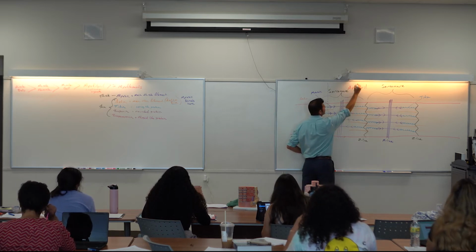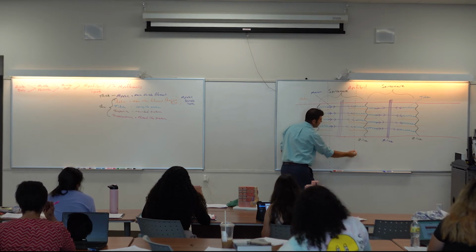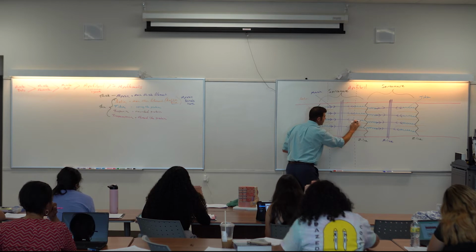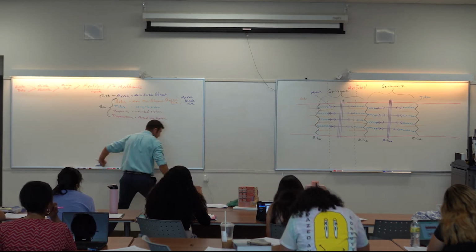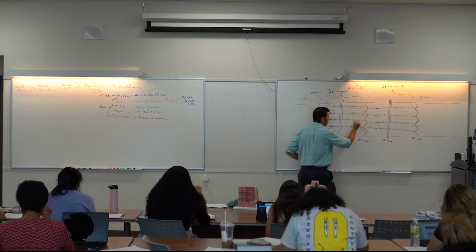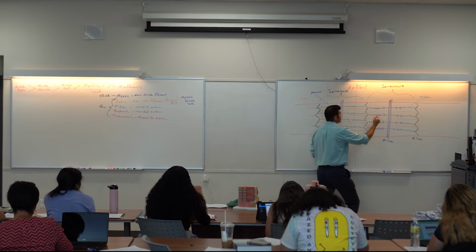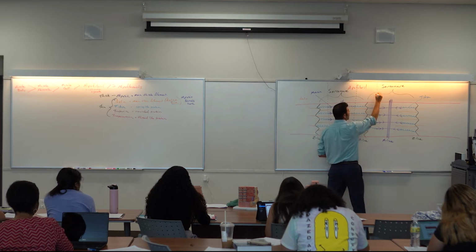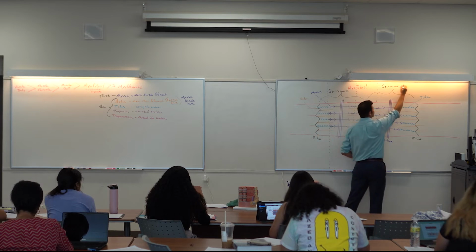I'll do the same thing on this edge. I will expand my titin protein over just a little bit there. We can do the same thing over here. Since I have another sarcomere, I'm going to put dotted lines that skirt the edge of the thick myosin filaments on either side.